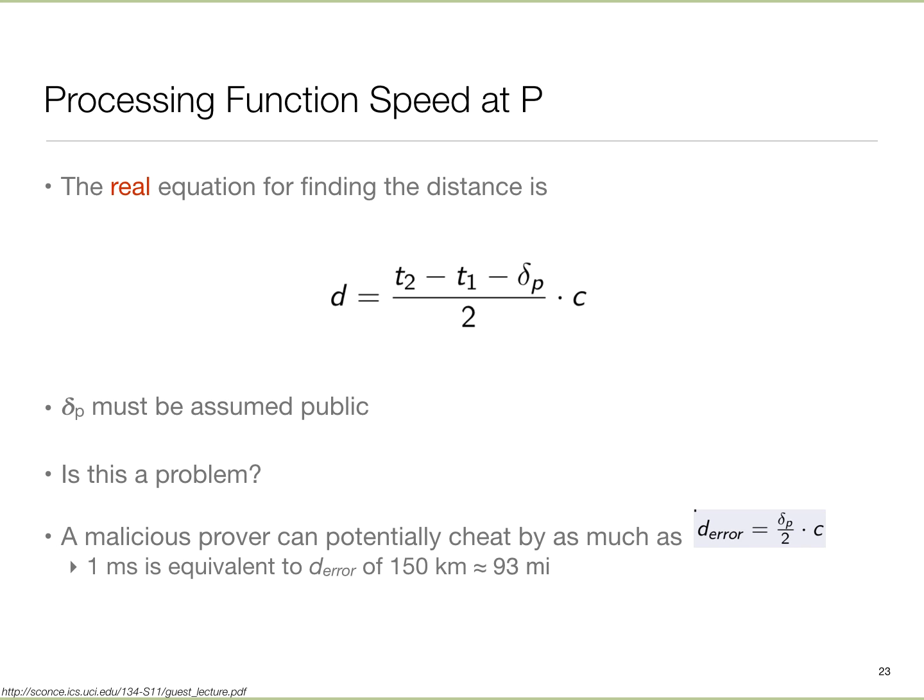So what this means is that if baked into the protocol, baked into the standard, there is some assumption about what delta T is, and we design the whole system for that, any improvements in delta T basically open up an attack which could be made use of by that person.